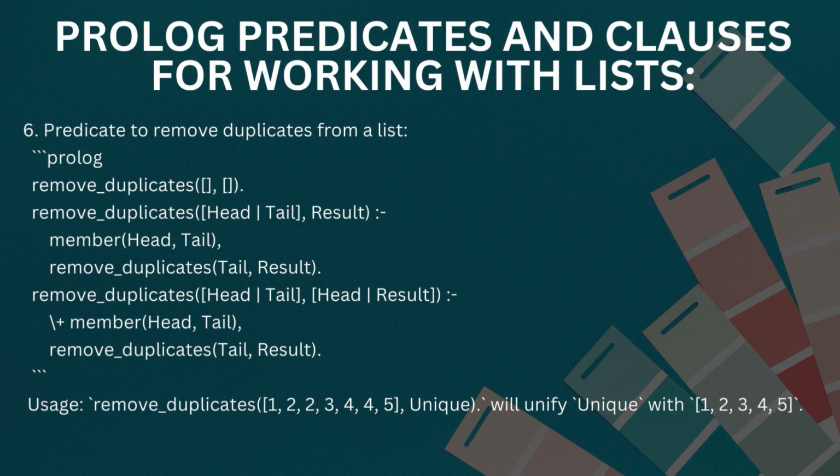not member(Head, Tail), remove_duplicate(Tail, Result). For example, remove_duplicate([1,2,2,3,4,4,5], Unique). That means you have 2 2 and 4 4, the repetition of 2 and the repetition of 4, and Unique will unify with [1,2,3,4,5]; that will give you the unique list.